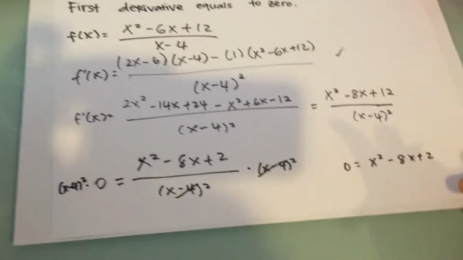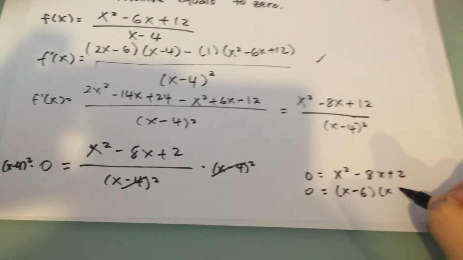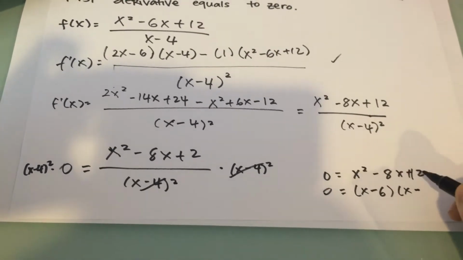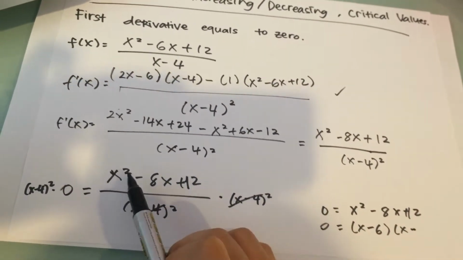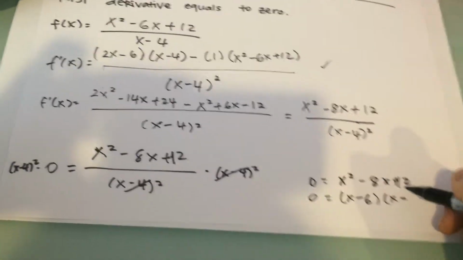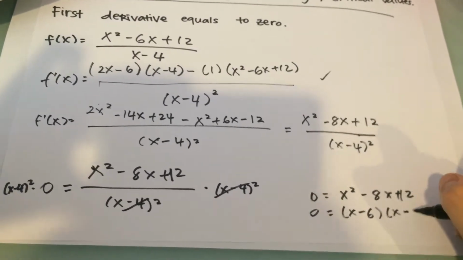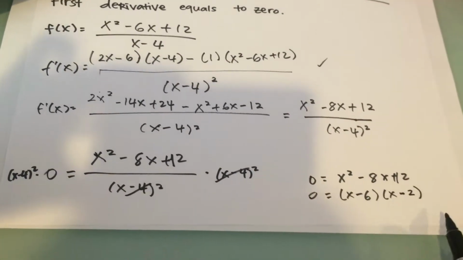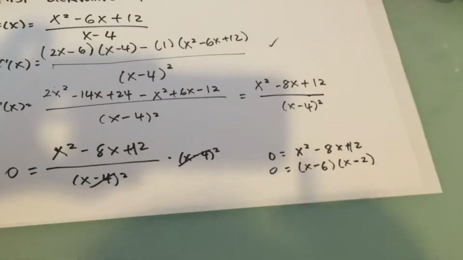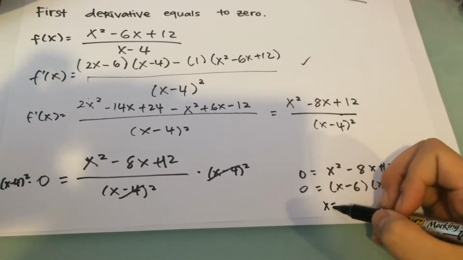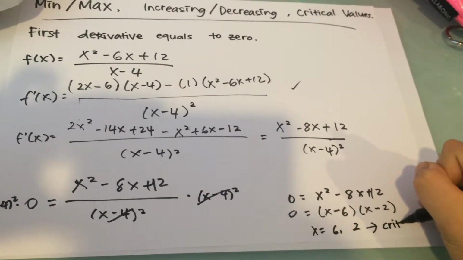And then we factor this, it becomes x minus 6, x minus 2. I did the factorization, you can plug it into a calculator, but this is easy, only second power, so x equals 6 and 2.